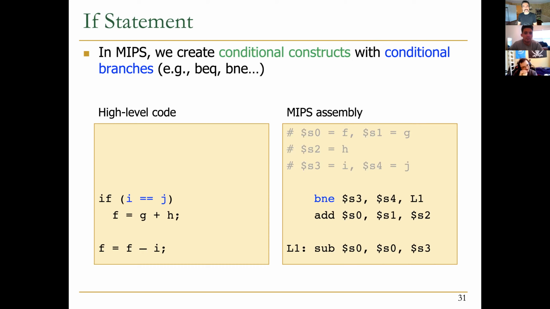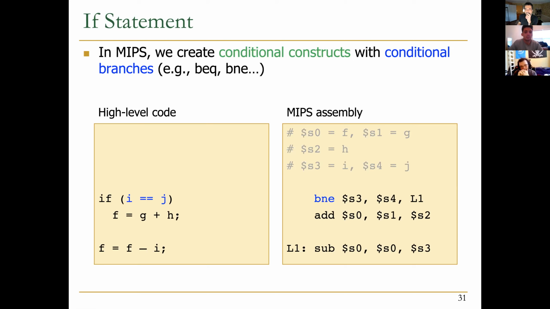This task of translating to a specific location is done by the assembler. So we could use labels to assign a particular location in memory. Here we use L1, but it could be anything. Again, these are aliases.